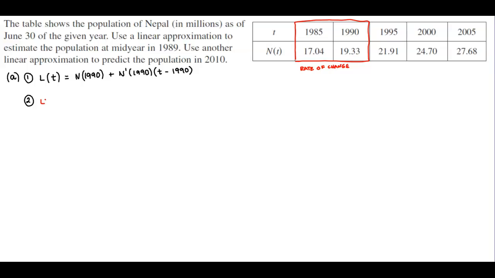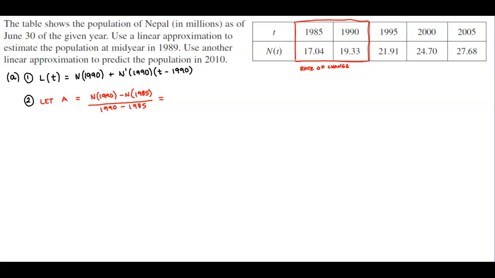We're going to call it A. So that means we're going to take n of 1990 and then subtract n of 1985 and then divide that by 1990 minus 1985.